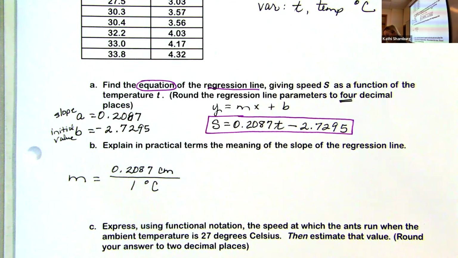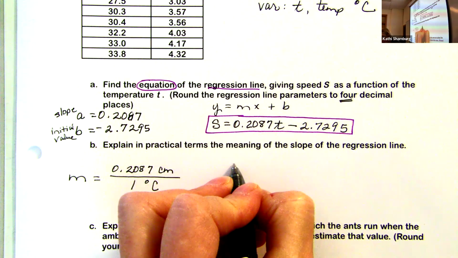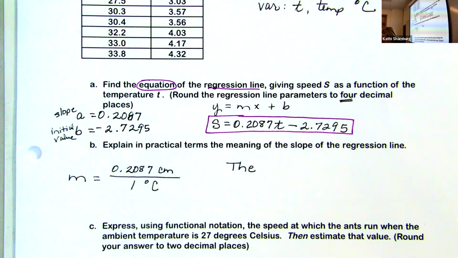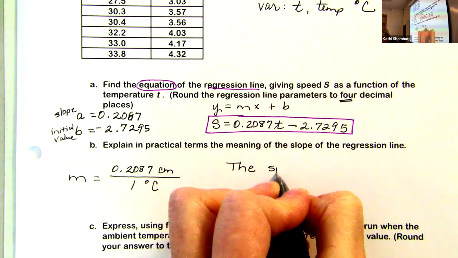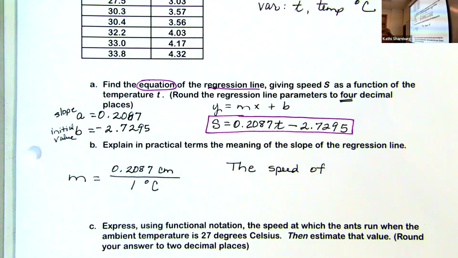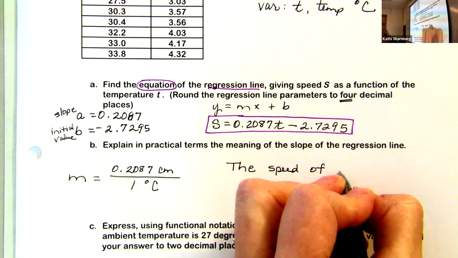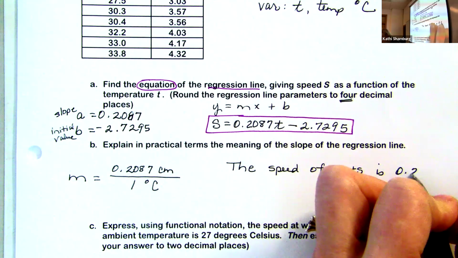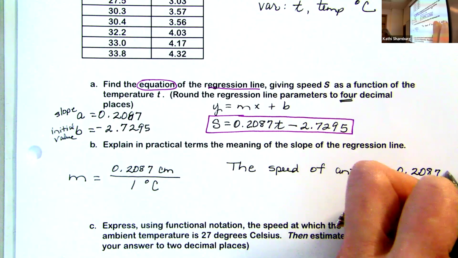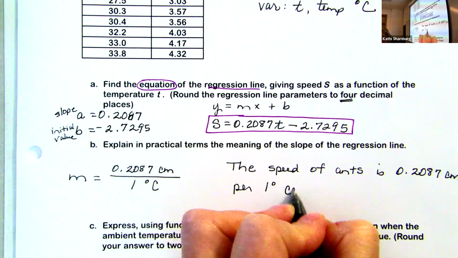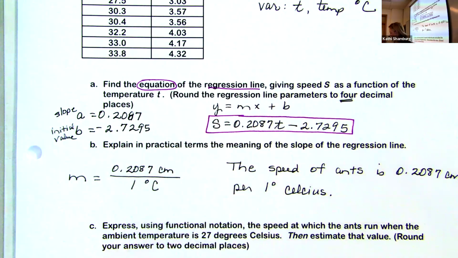All right. So the function is the speed of what? Speed of ants running. Yeah. So the speed of ants is 0.2087 centimeters per 1 degree Celsius.